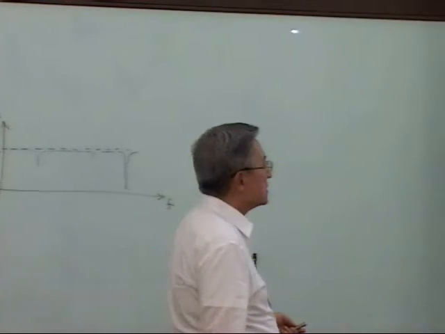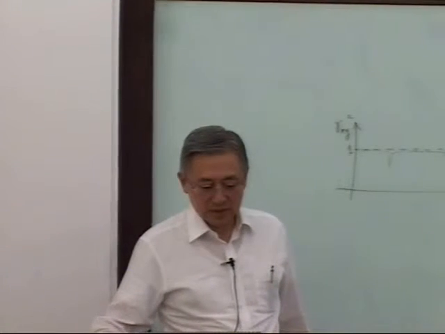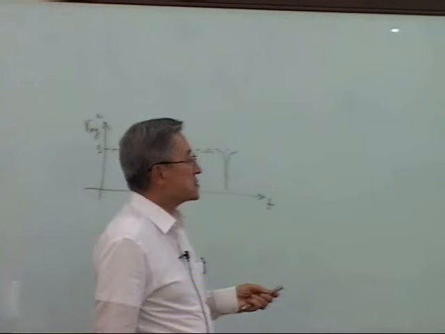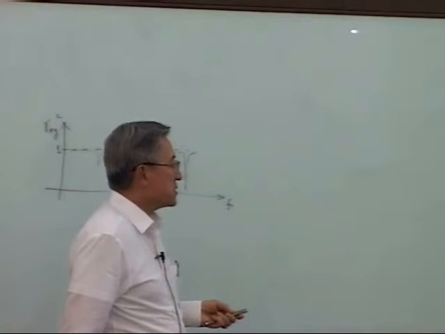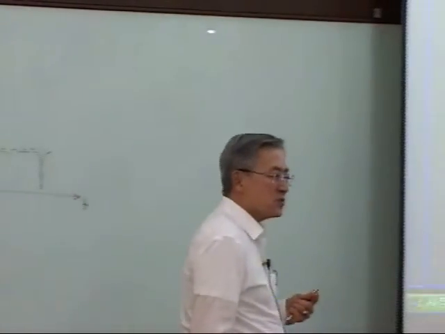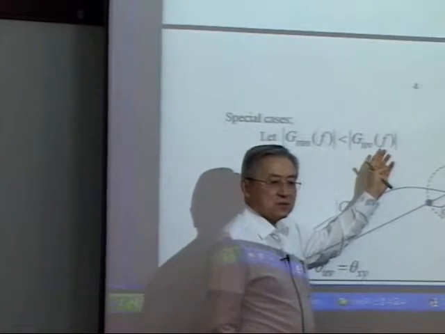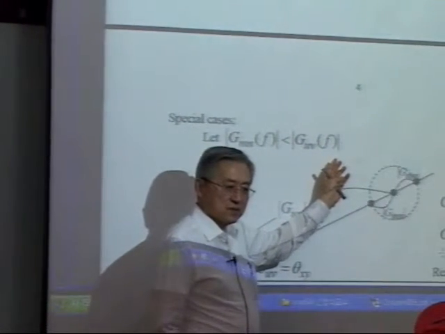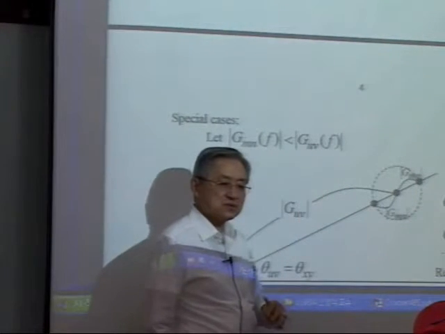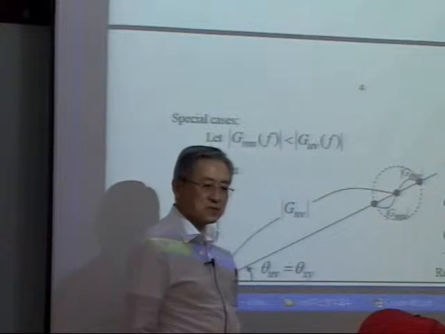This complex plus complex. Of course I'm going to reasonably assume that GMN, this is a noise part, the noise spectra, is smaller than the real cross spectra. That's natural. If it's too much noise, your system is bad. Something is wrong. You have to rebuild your system.